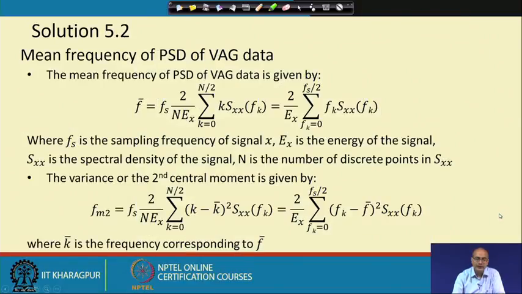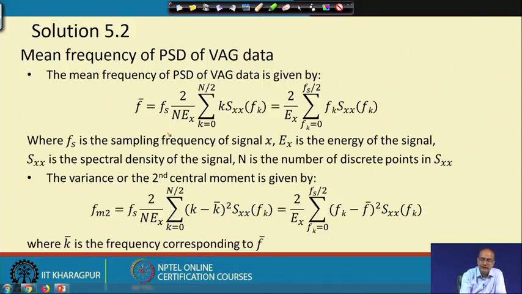Now we go for the next task, that is we have to compute the mean frequency, and then we have to compute the variance. So, how do you compute the mean frequency?